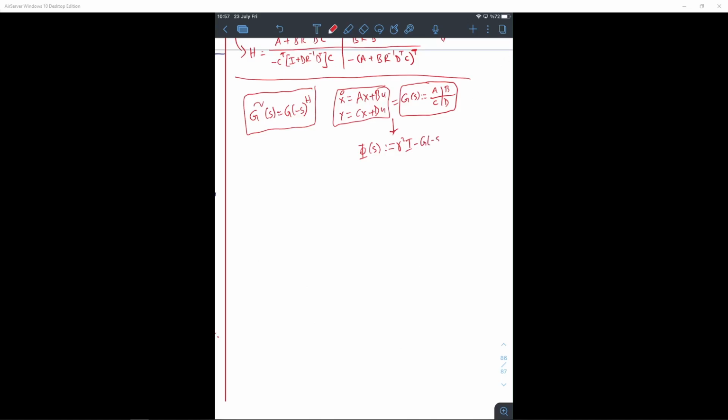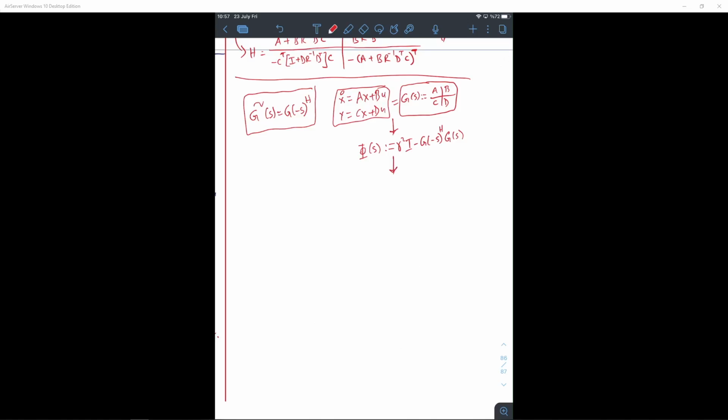H of minus s, Hermitian, H of s, okay, and again this is a transfer function. Phi of s is a transfer function, and so it has its own state space representation.